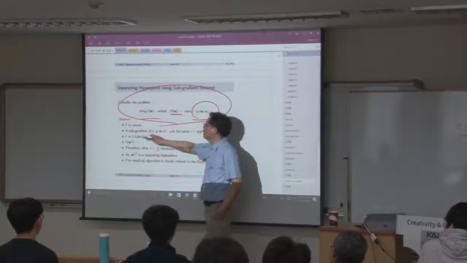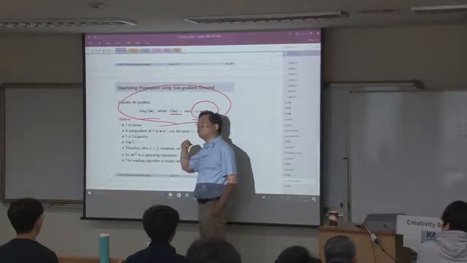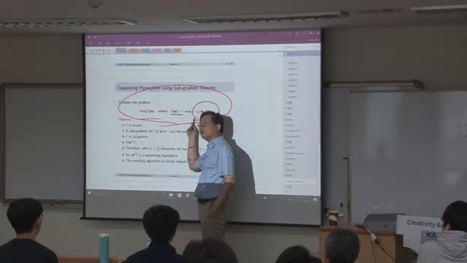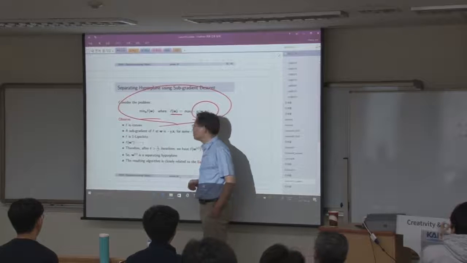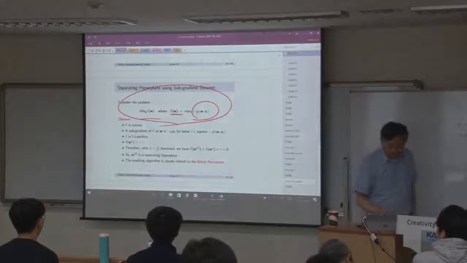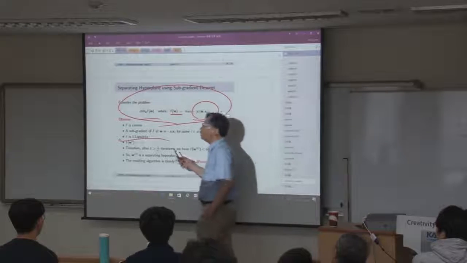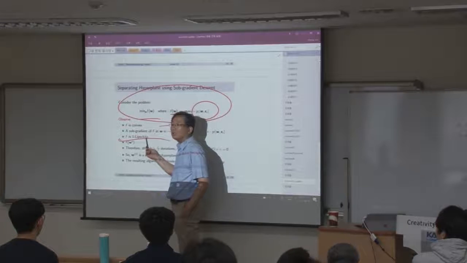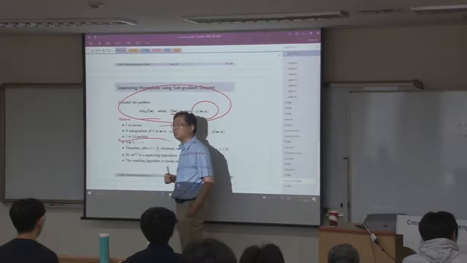So the subgradient of F will be the data that gives you the maximum of this value, and you take the derivative of that. And actually, this F is one Lipschitz. It's a linear function. It's one Lipschitz.